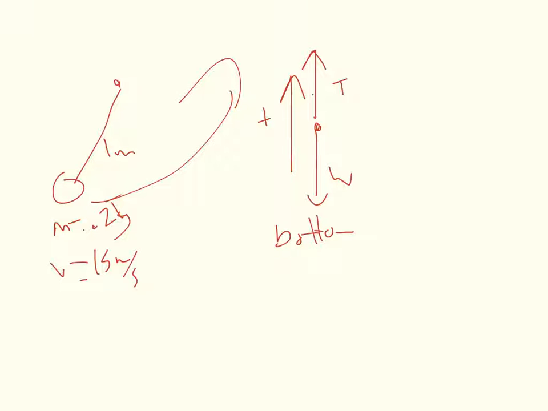But when the yo-yo is at the top, you have weight pulling down, and if it's spinning at this top point right here, it's getting pulled downward by the string too. So you also have downward tension at the top. And at this point, we're going to say down is positive because we're always saying towards the center of the circle is positive. So this would be at the top.